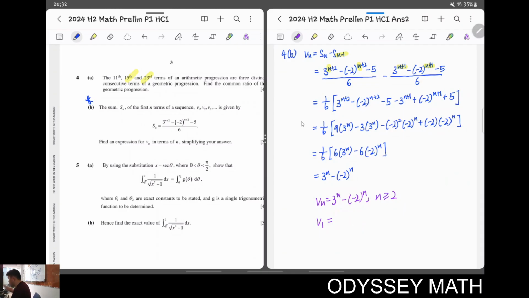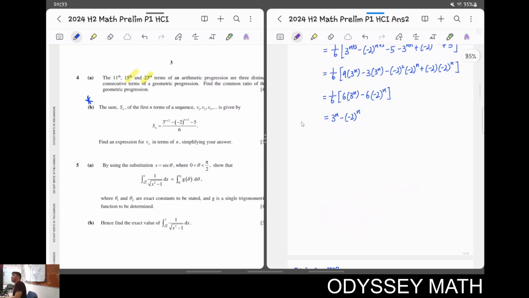Sometimes your V1 evaluated from your Vn when you sub n equals 1 may not exactly be the value of S1 minus S0. You need to check for this. When this happens, you need to redefine your V1 to its own value. You clear? It's not applicable for this question, but just to mention it to cover everything.